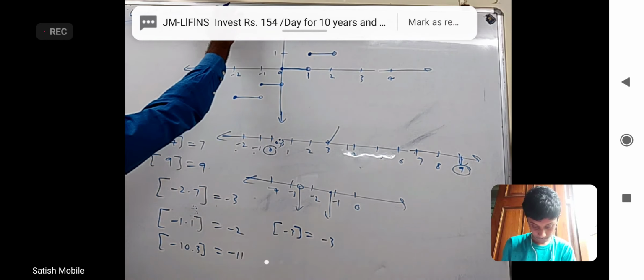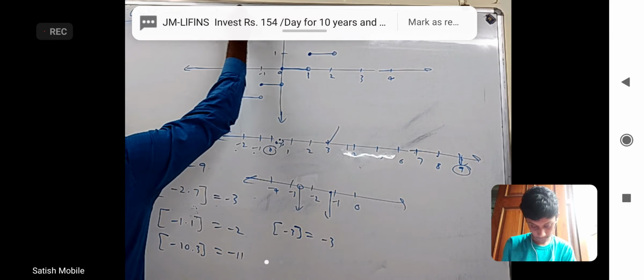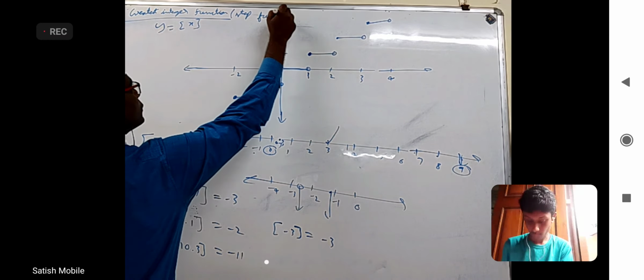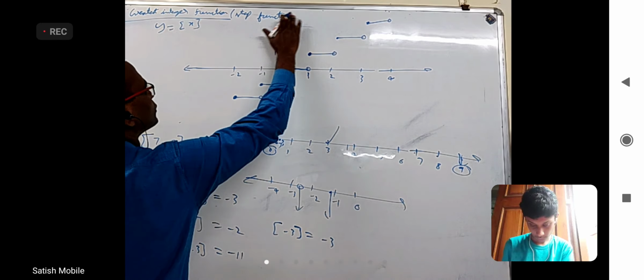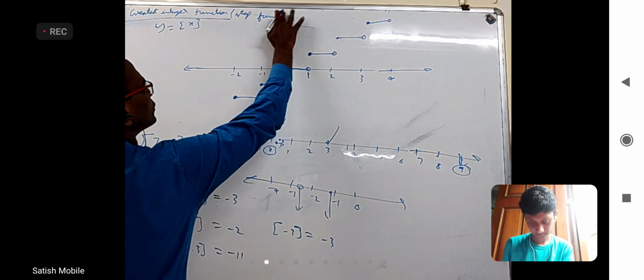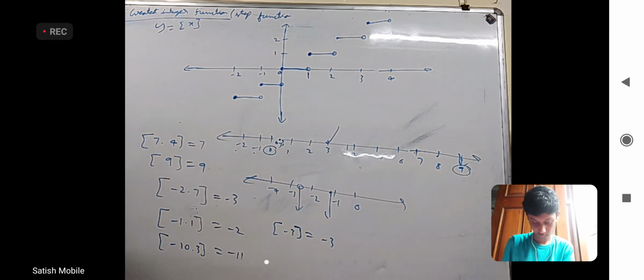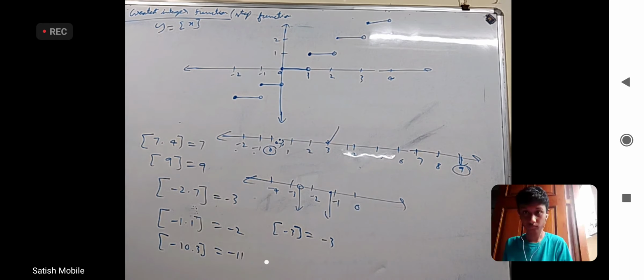In brackets, if you want, you can also write step function. Is everybody clear about the graph?